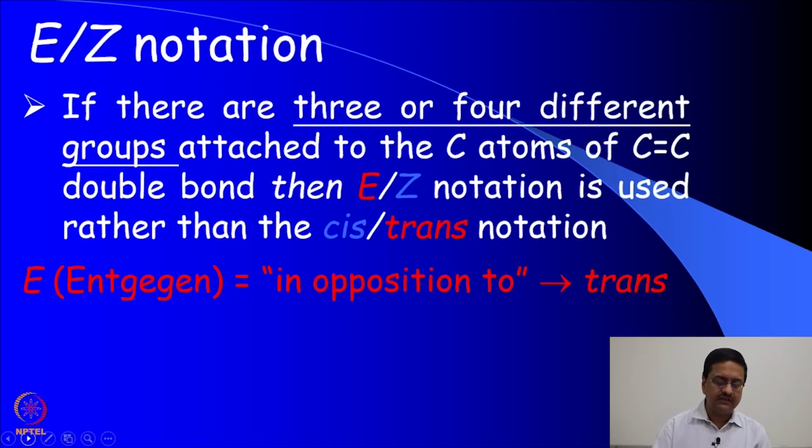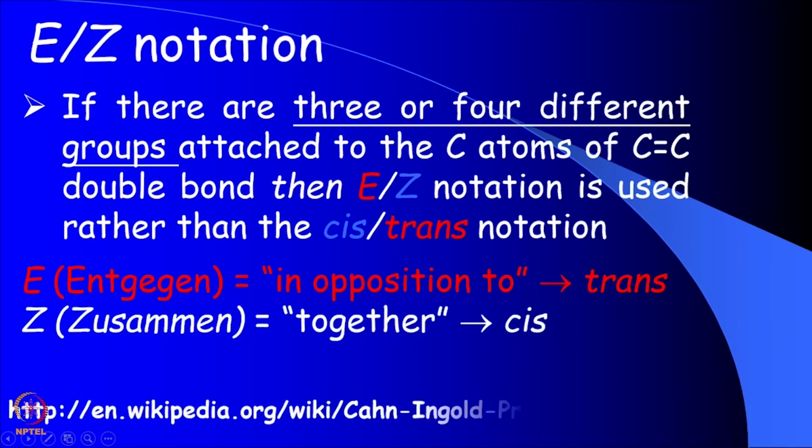E in German means entgegen, which means in opposition to, which is equivalent to trans, and Z in German is zusammen, which means together, which is equivalent to cis. This nomenclature can be found in this particular link, where you can get all possible rules of the CIP nomenclature of organic compounds.